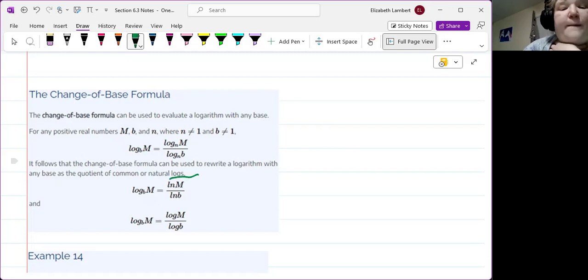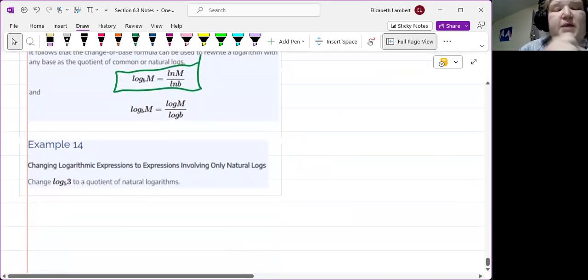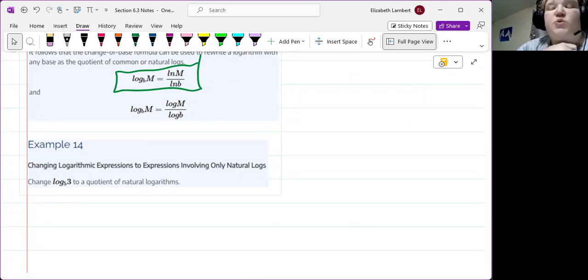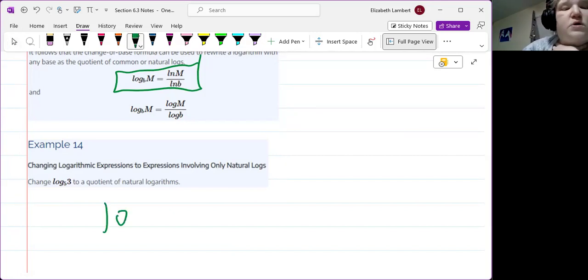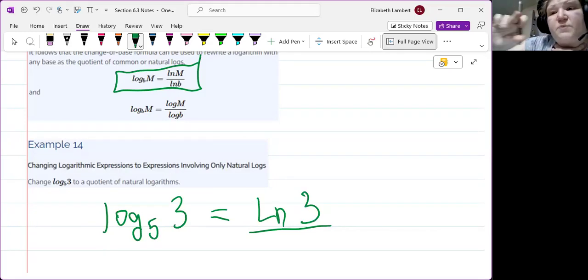So I'm just going to kind of box the natural log one to just be like, that's the one you want to get the most familiar with. So here we have log base 5 of 3. We're being asked to change this to a quotient of natural logarithms. So log base 5 of 3 equals, well, they said natural log, sorry. So ln, big number, as in 3 is big, 5 is small because it's written as a subscript, not larger.